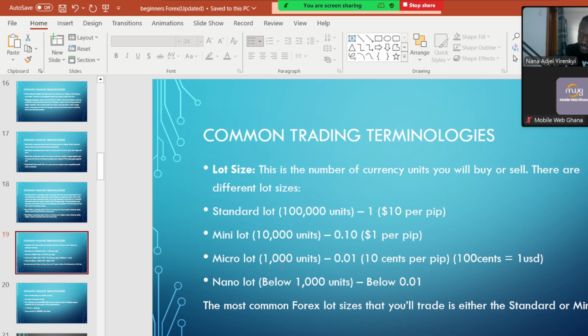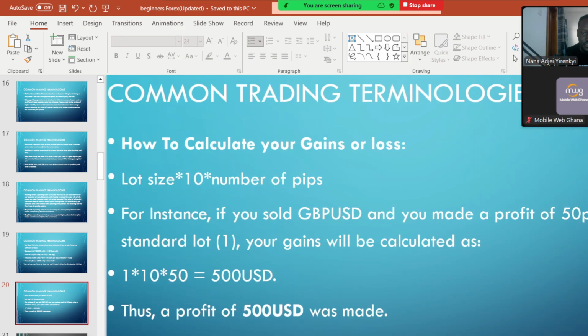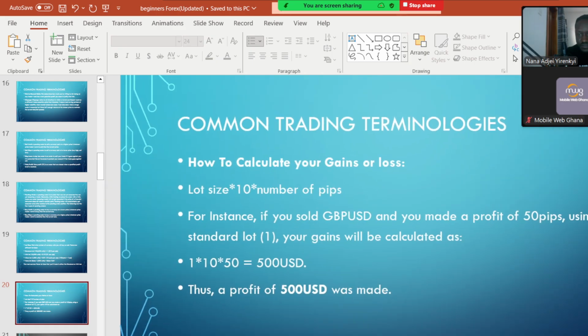Okay, so we have a formula for calculating how much money you are willing to make, or how much money you are willing to lose on the market, using any of these lot sizes that I have mentioned right now. Now, the next slide: how am I going to calculate my gains and my losses?